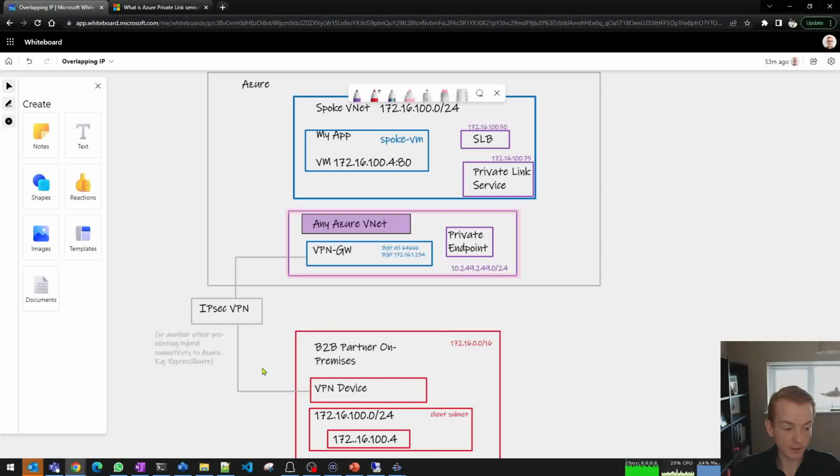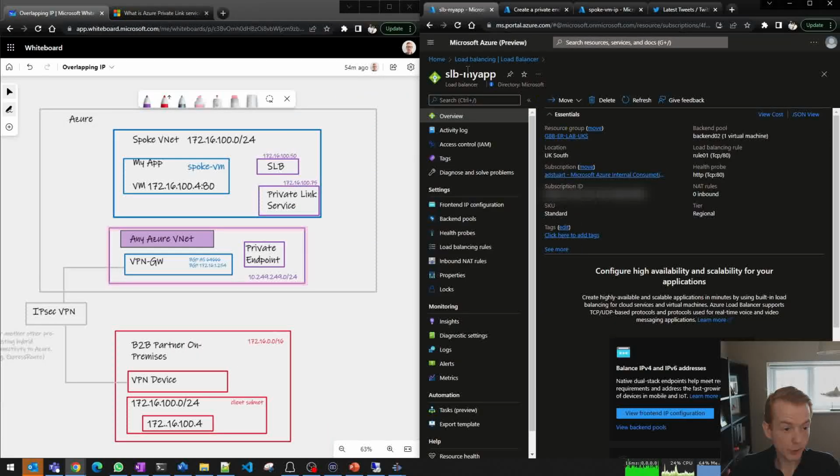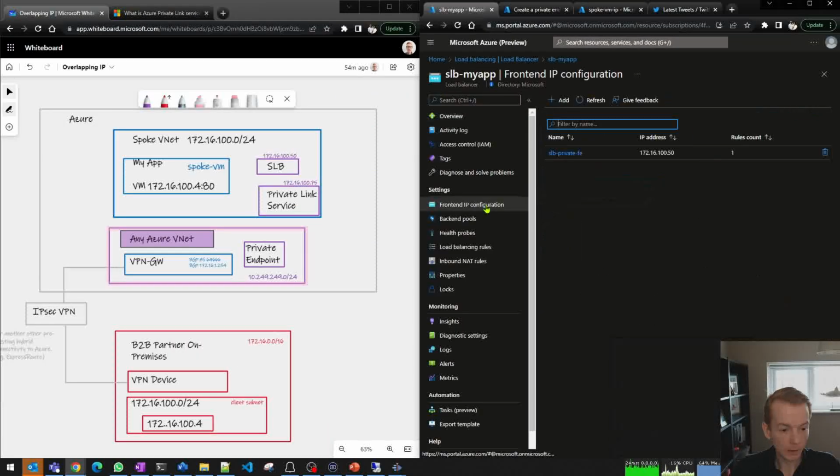So they've got a pre-existing connection into Azure. You can see here they've got a VNet in Azure with this 10.249 space, and they've got the 172.16.100 range on-prem, which again overlaps with the blue provider side that they ultimately want to get to on Azure. Very simple configuration: a simple standard load balancer with an internal-only front end.